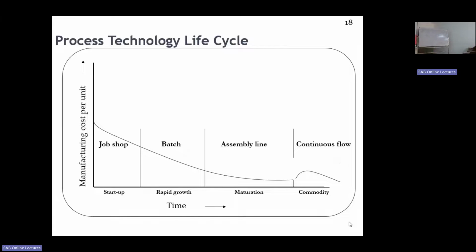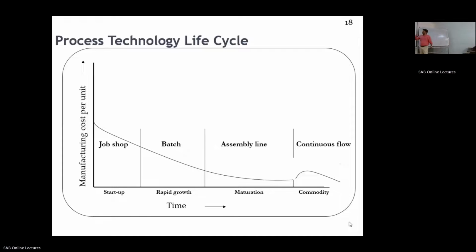What you see here is the cost curve, production cost. When a factory is using job shop processing, operation cost is relatively high, as we discussed. Why? Because of inefficiencies, low productivity. Hope you can understand?